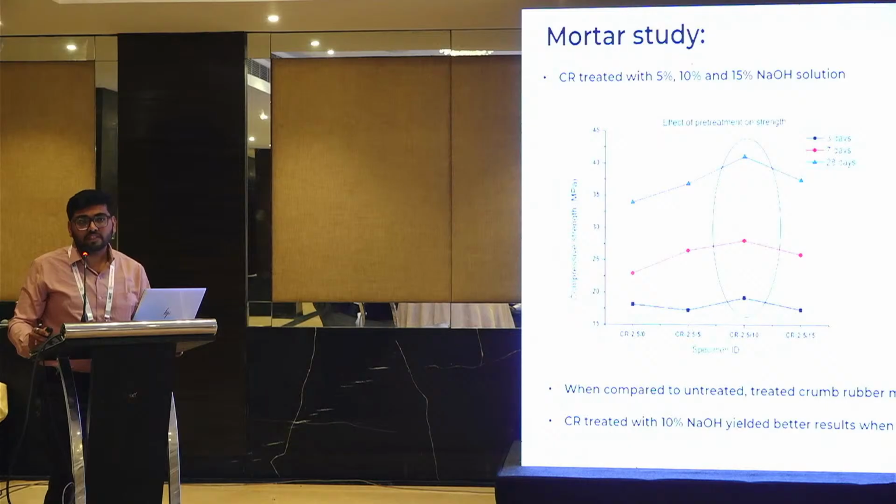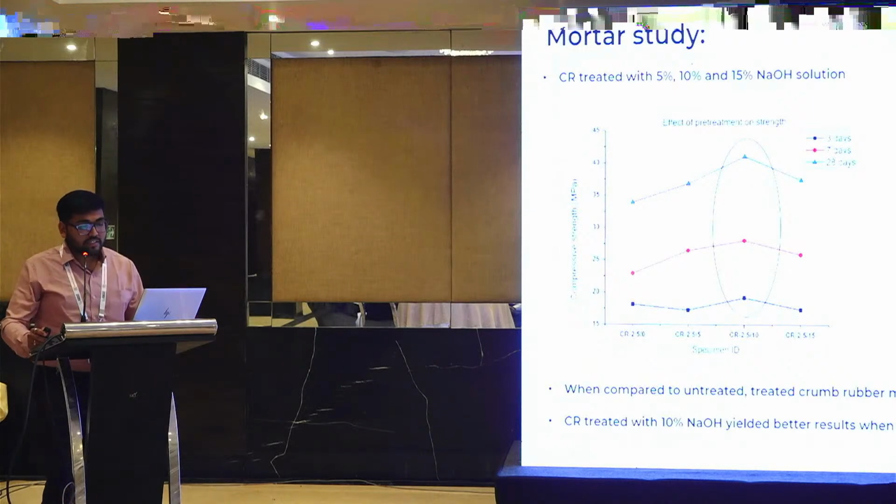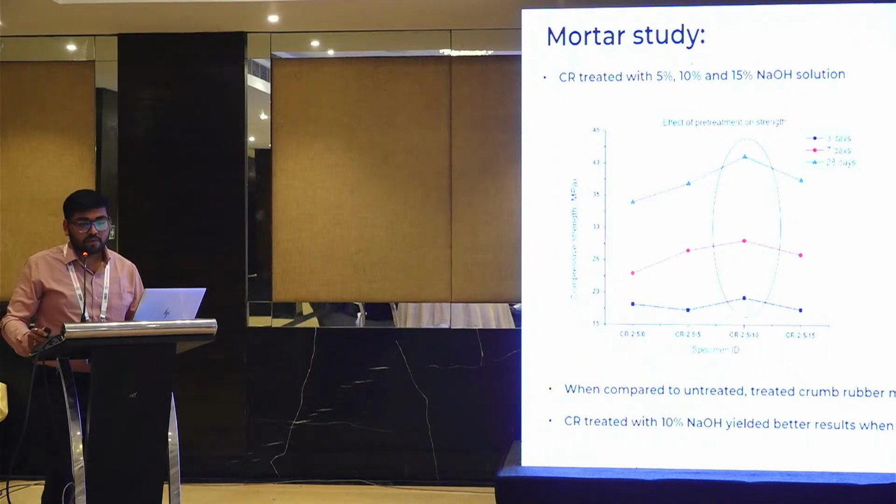So we have gone with 5% NaOH solution, 10% and 15%. And as I have already mentioned, the rubber particles were replaced at 2.5, 5, 7.5 and 10%. As you can see here, we found the optimum dosage: with an increase in the sodium hydroxide dosage up to 10%, there is an increment in strength when compared with the control, but post 10% there was a decrease, even at the 2.5% or 5% replacement levels. This might be because an over-presence of sodium hydroxide will damage the rubber particle.